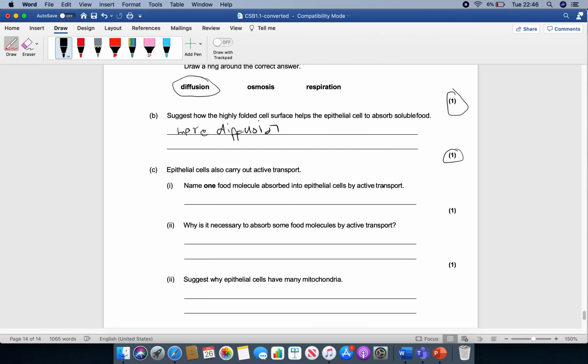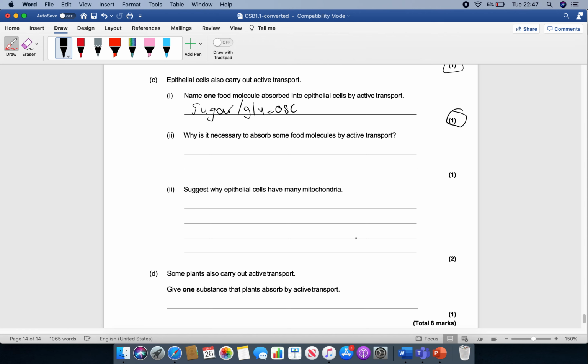Epithelial cells also carry out active transport. Name one food molecule absorbed into epithelial cells by active transport. So you can have sugar or glucose. And that will give you 1 mark.